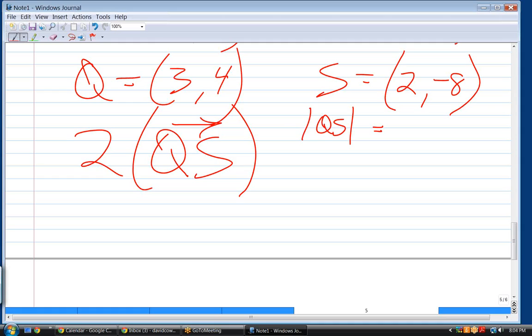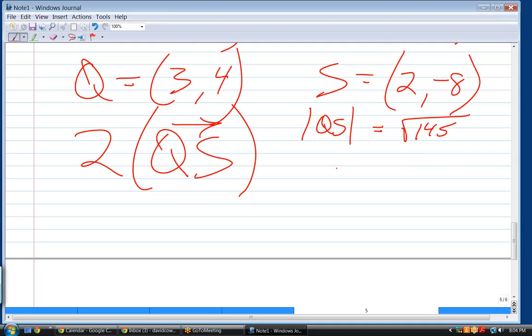So that'll be the square root of 1 squared plus 12 squared, which is 144. Right. 12 squared is 144 plus 1 is 145.